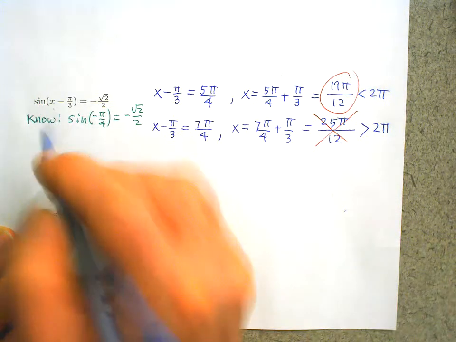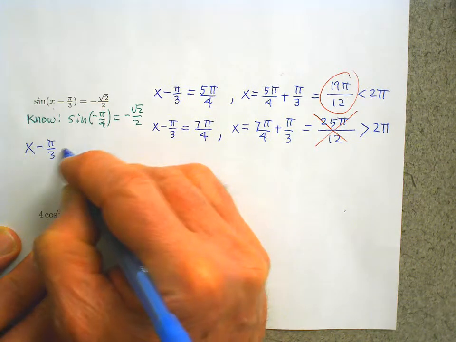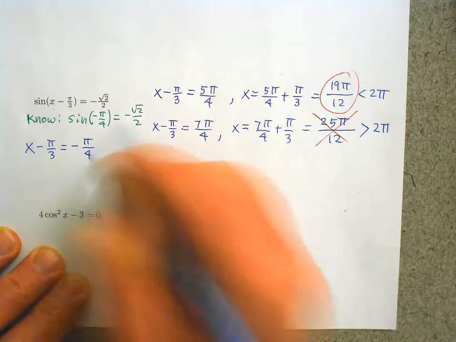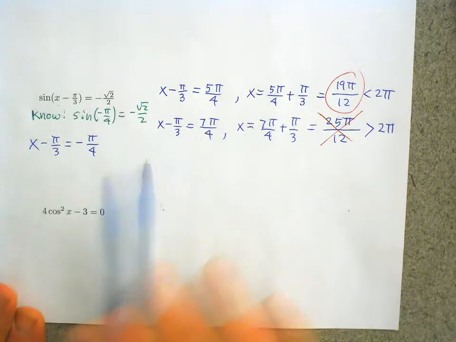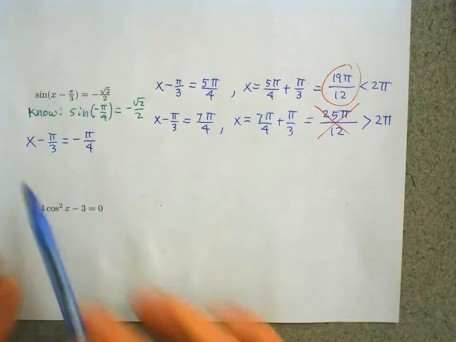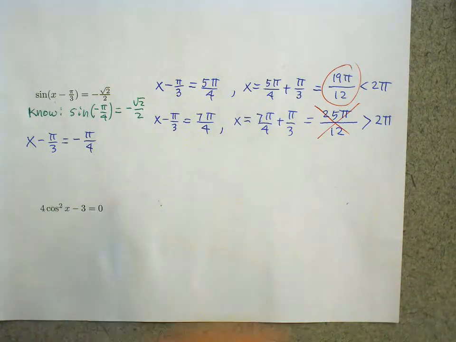So we set x minus pi over 3 equal to negative pi over 4. And upon solving for x, if we get an x value that's between 0 and 2 pi, then we know that we have our other solution.